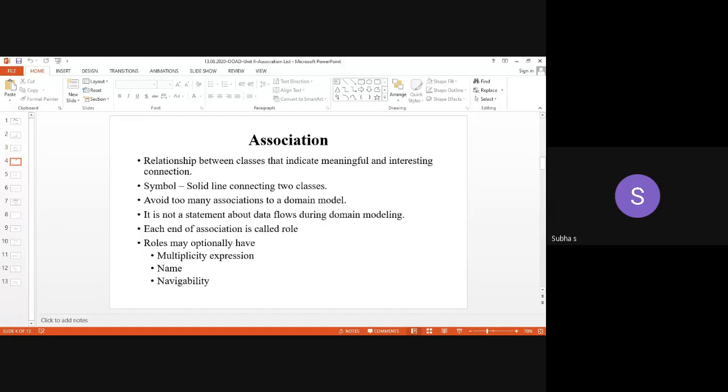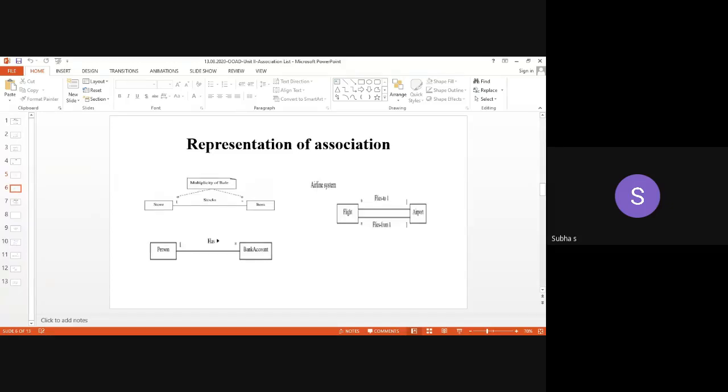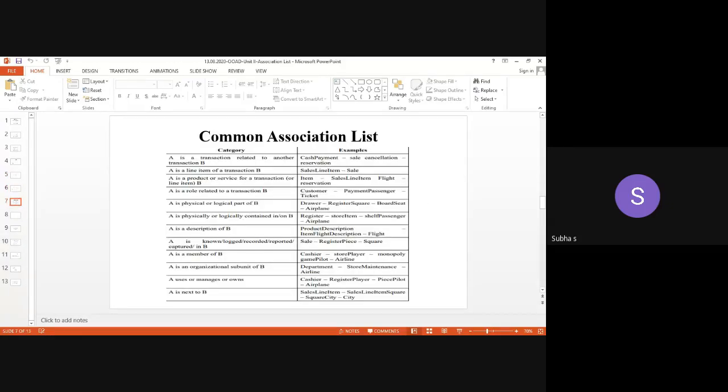Then we saw association. Under association, multiplicity, name and navigability are most important. We can represent association as what? Aggregation, composition, generalization, realization or dependency. So these are the different forms of representing the association. This is the common association list.